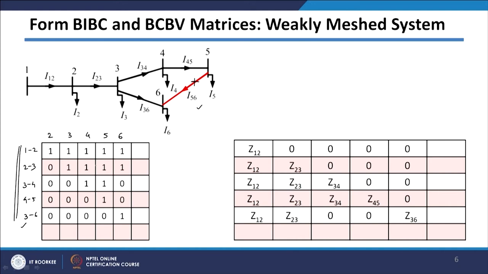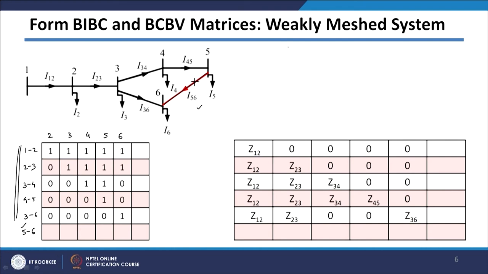We have already seen how to get this particular BIBC matrix, and we have already seen the algorithm and this example also. Now, let us see when we have added this branch here, which is making it a weakly mesh system. This is the 5-6 branch, and as I told you, the 6th equation which you added earlier involves only the loop branch current.